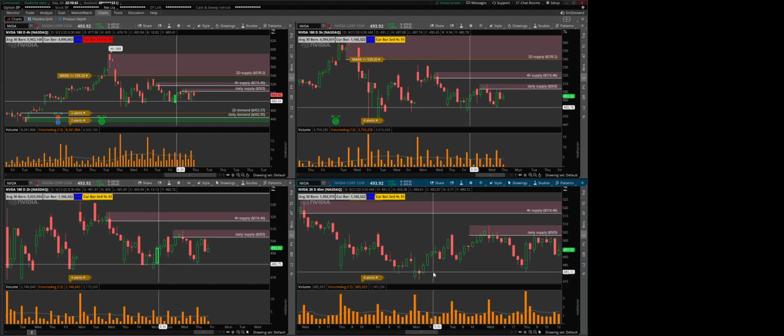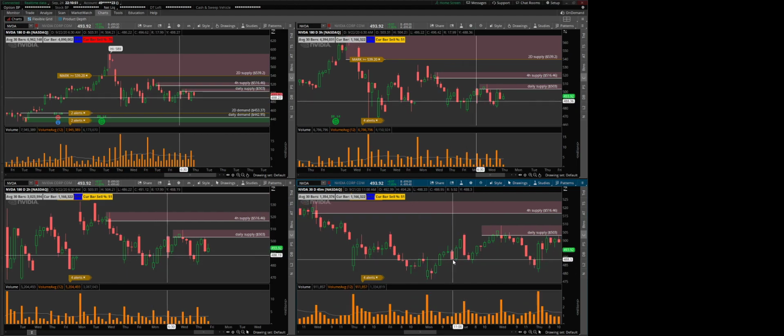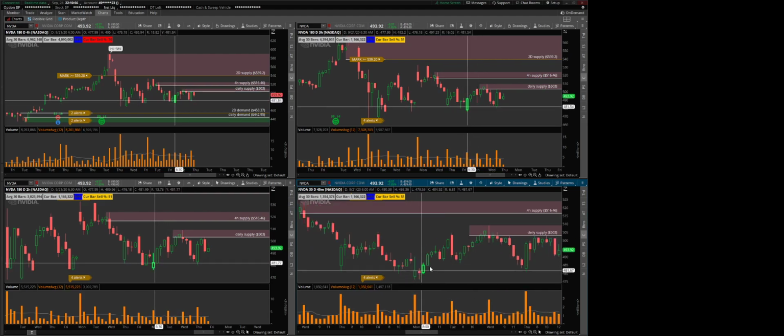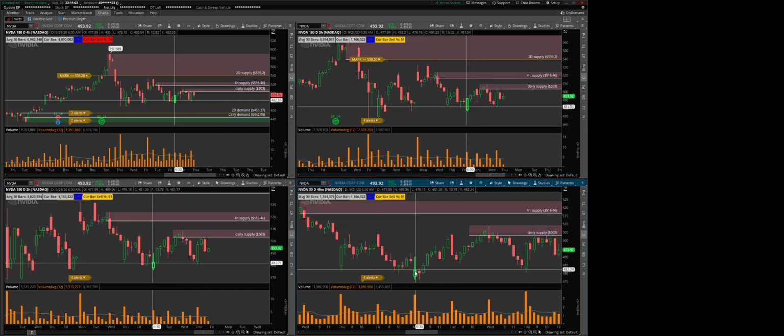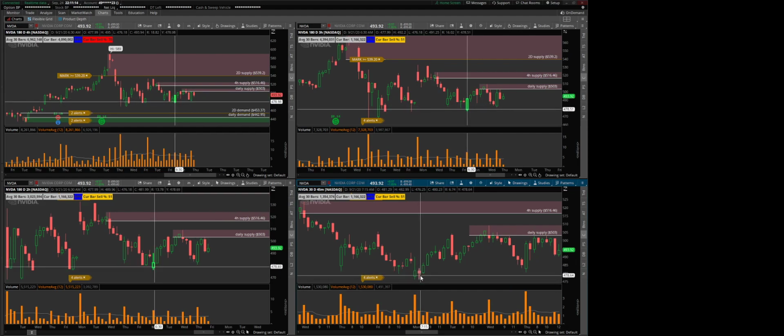Institutions and market makers tried to push price. You have to think in the mind of an institution and a market maker. They were probably already expecting a move to the upside here, but they don't want retail to catch it along with them. So price moved drastically up, but was pushed down by sellers. Market makers and institutions push price down here, trapping all the shorts, thinking we're going to continue lower, trapping all retail.